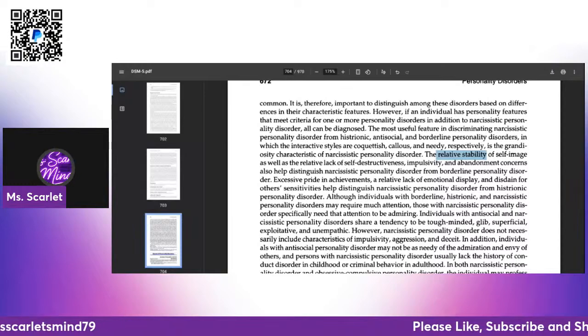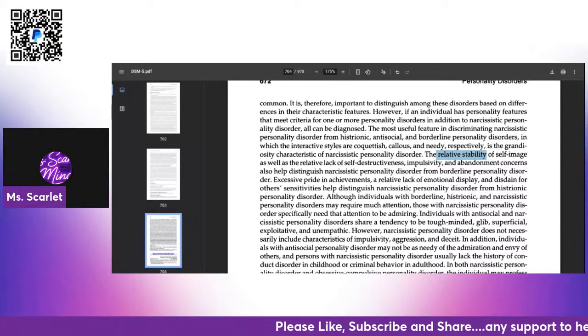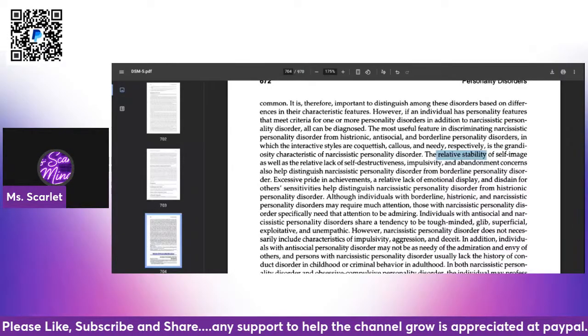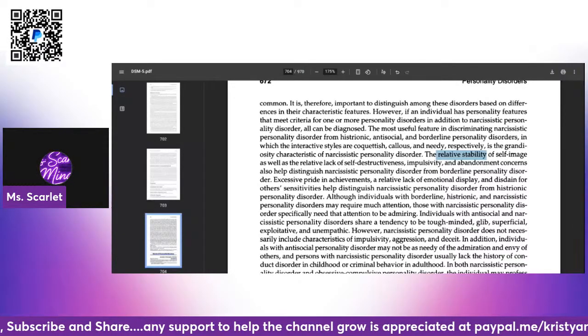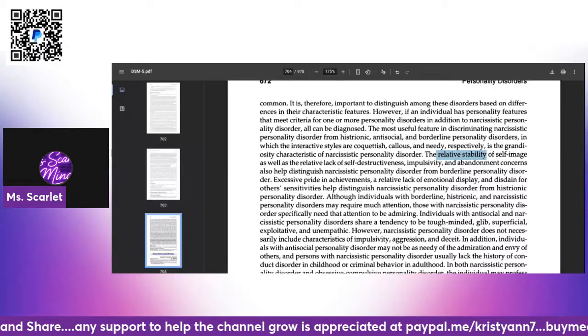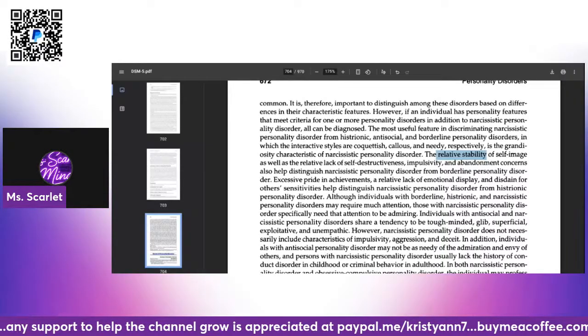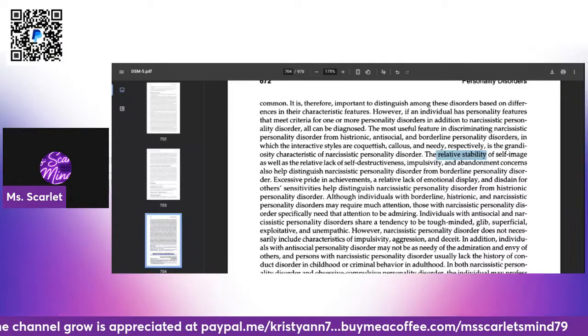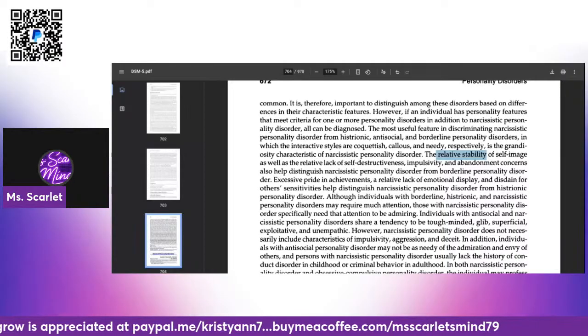So this is another specific difference when you look at narcissism as a personality disorder versus someone with borderline or histrionic personality, as they put it.